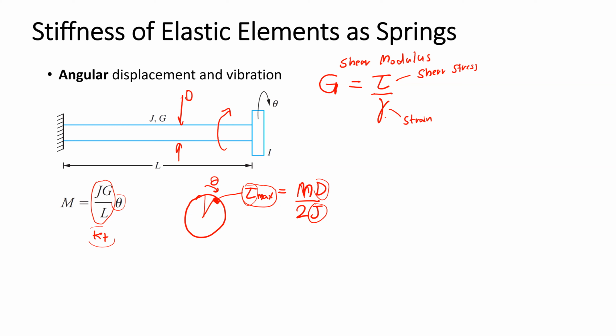How can we obtain J for the circular rod?